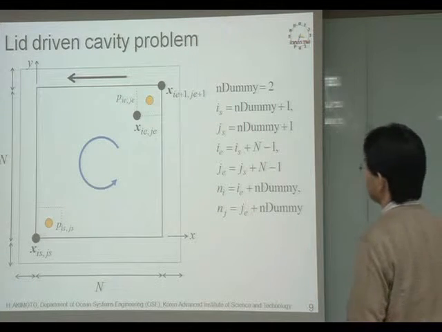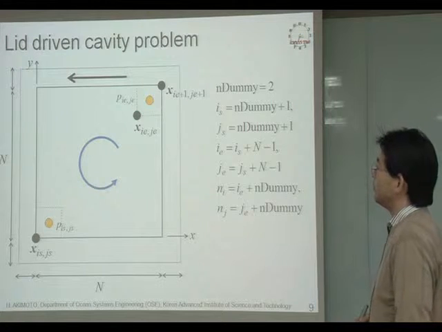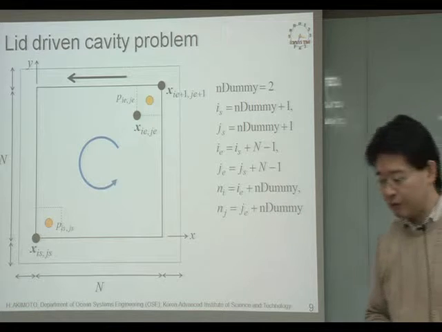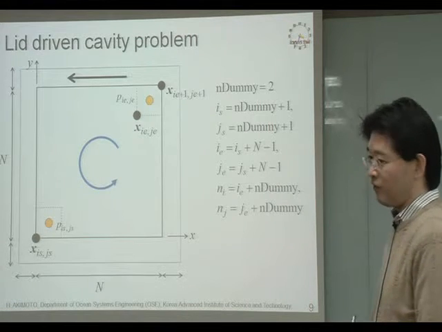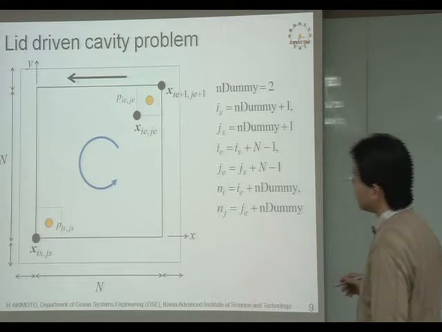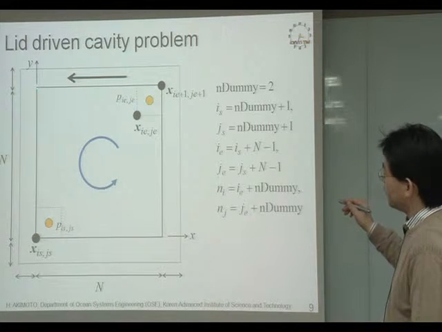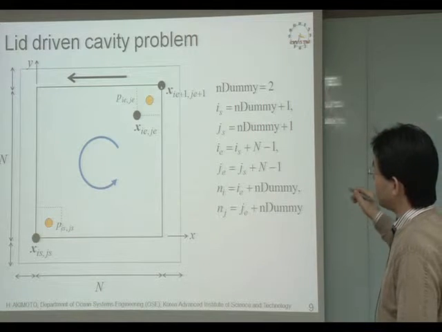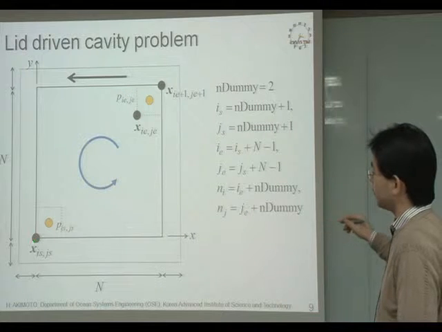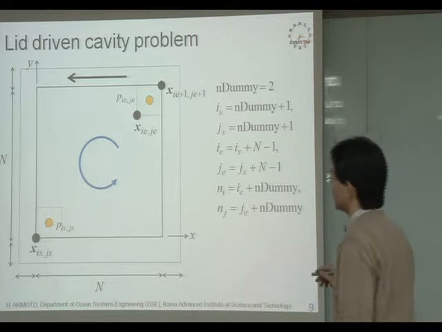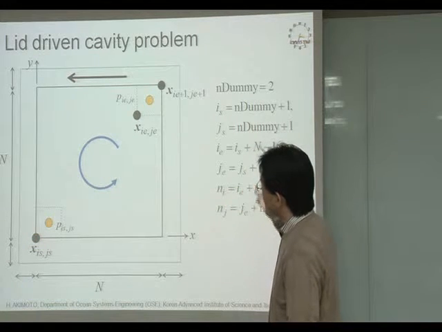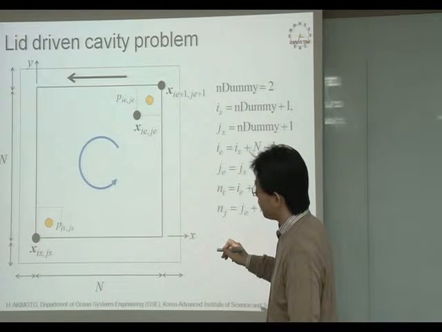This one is the lid-driven cavity problem. I want you to solve it. In this case, this square indicates the actual boundary of the simulation. This domain is bounded by these points.